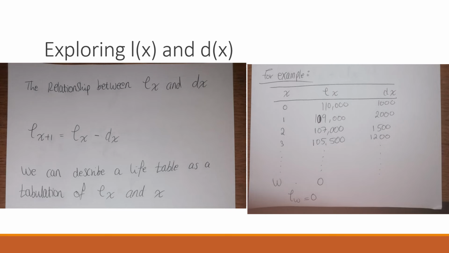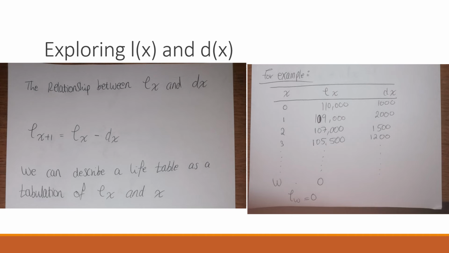You can see this in action here on the right-hand side, with this small tabulation I've done of an example life table. Again, we're starting with L0 of 110,000, and at age 0, 1,000 people die. So L1 becomes 109,000, and then 2,000 people die at age 1, so L2 becomes 107,000, and so on.